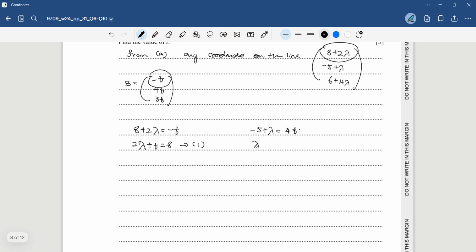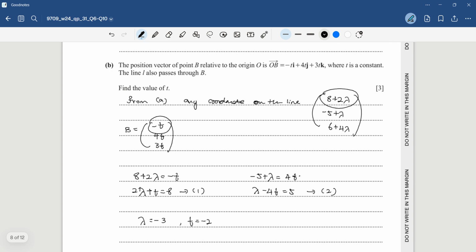So lambda − 4t = 5. This is your second equation. You solve the simultaneous equations, so you can get lambda equal to −3 and t equal to −2. You can use your calculator to solve, or solve this manually. So t equals −2.